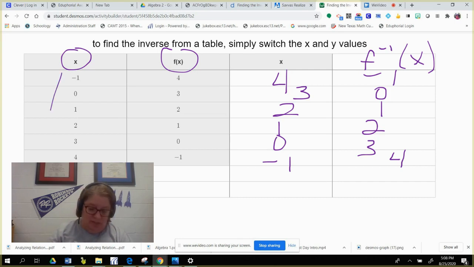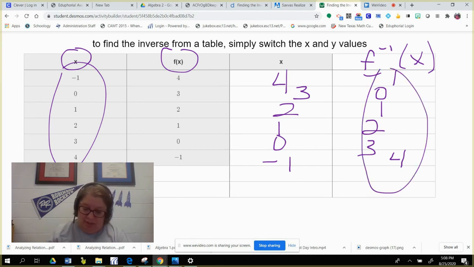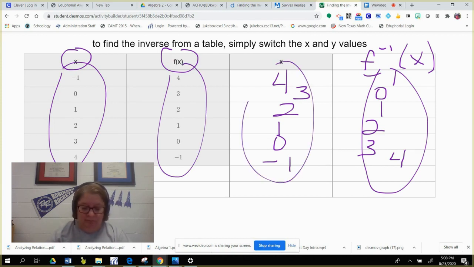So what we did, these x's in the original function are now the y's in the inverse. These y's in the original function are the x's in the inverse. So if you have a table and you're asked to find the inverse, all you do, switch the x's and y's. That's it. Don't change any signs. Just switch the x and the y's.